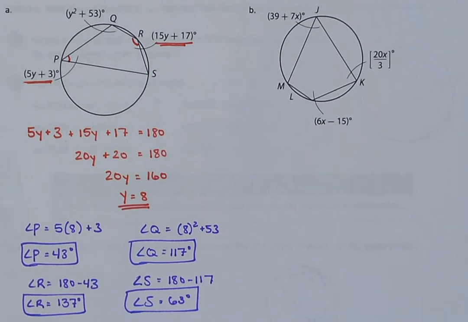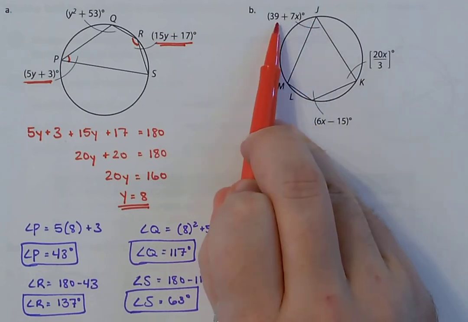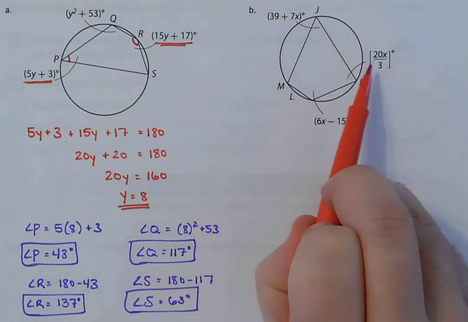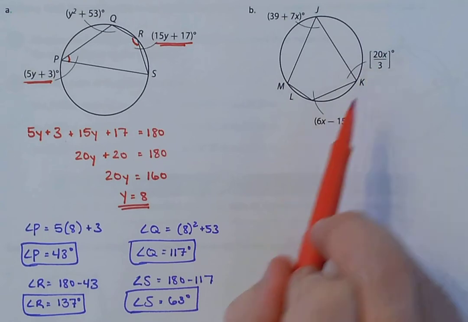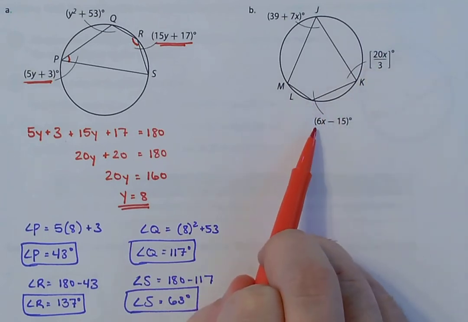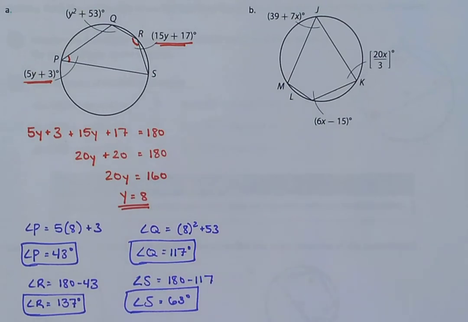So if we look at B, we have our circle with our inscribed quadrilateral JKLM, and they have told us that the measure of angle J is 39 plus 7x. The measure of angle K is 20x over 3, and the measure of angle L is 6x minus 15. So, of those three, which two are opposite of each other?